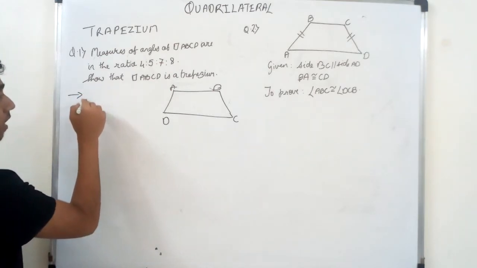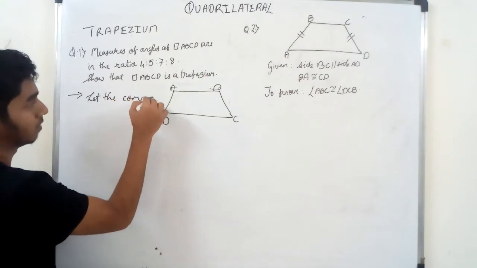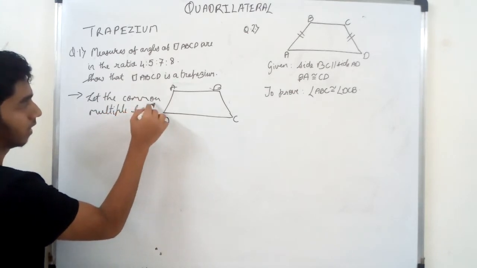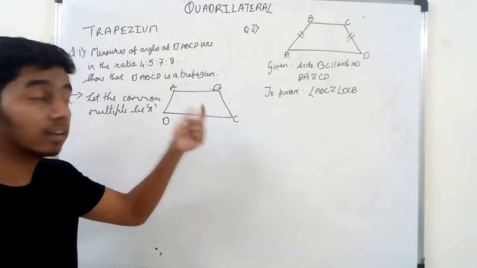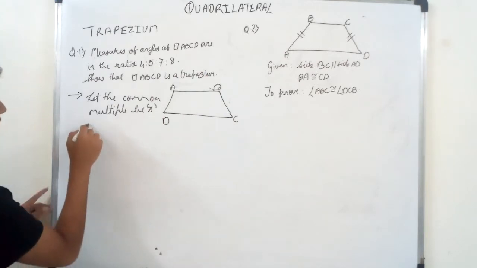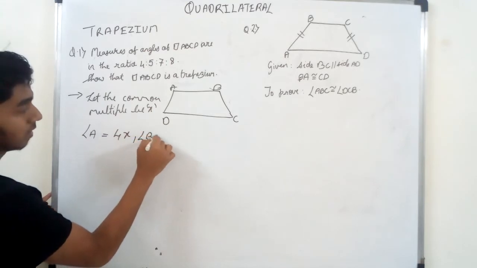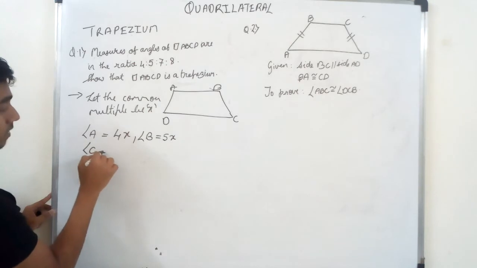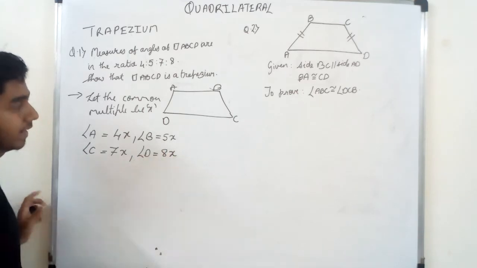So can we say let the common multiple be x. Always say that if the angles or the sides are in ratio, multiply x with each of them and say that angle A will be equal to 4x, angle B is equal to 5x, angle C is equal to 7x, and angle D is equal to 8x.